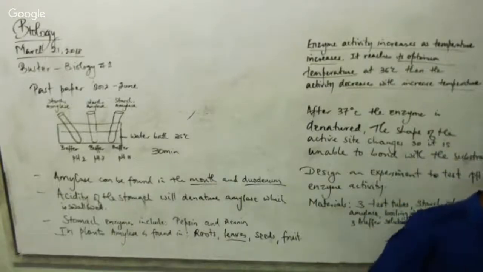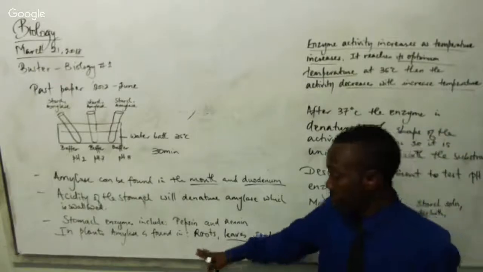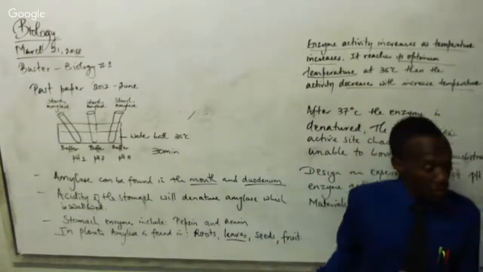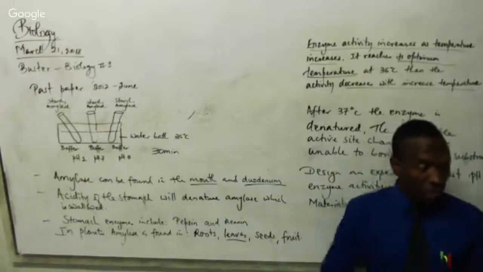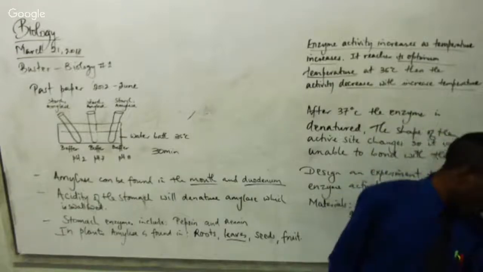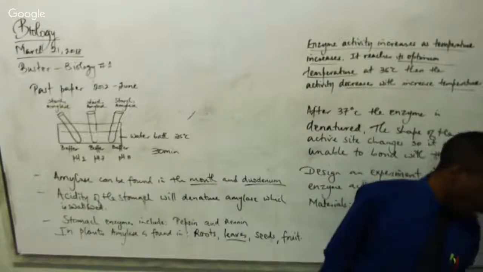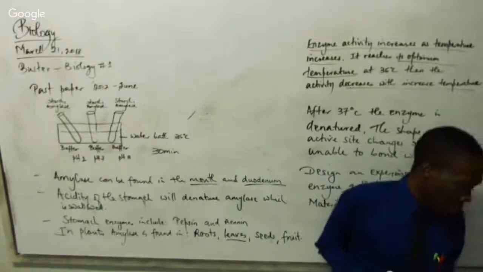Next question says, so you see, this is 3 marks in them. Just by listing root, leaf, seed, fruit. 3 marks. Then they give a question. How is the starch produced in leaves?